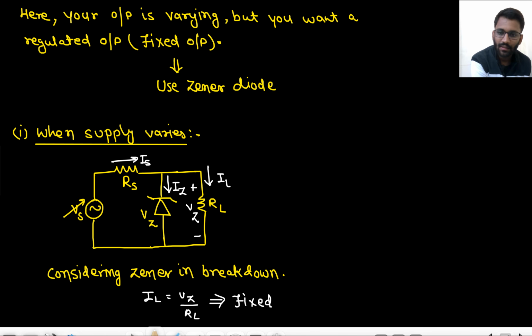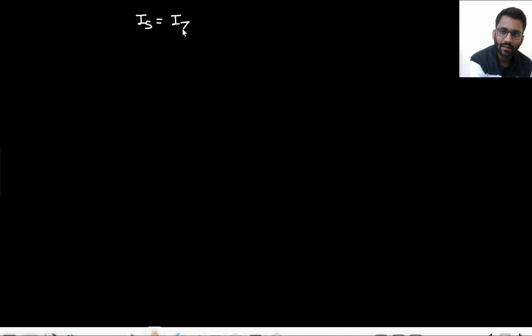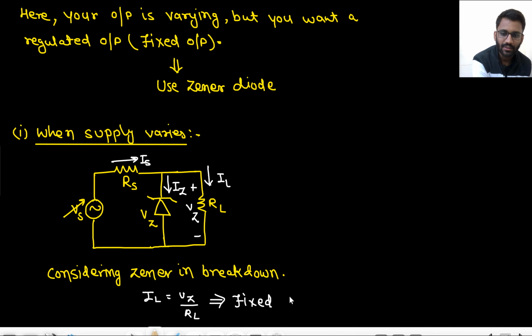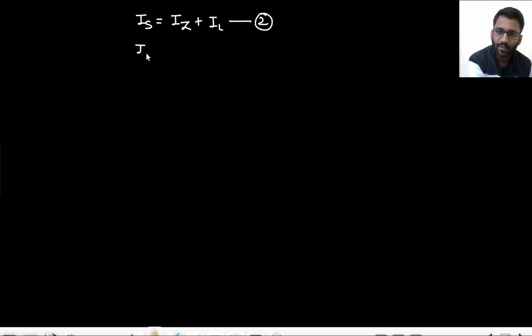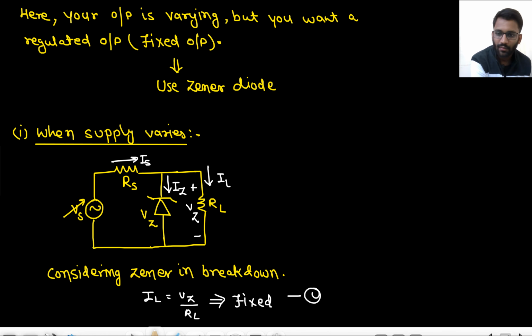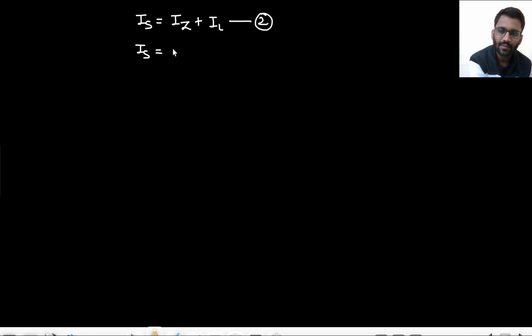Now, what is your IS? IS is IZ plus IL. Look, don't focus much on the equations. This is the second equation I can write, and this is the first equation I can write. And there can be one more expression of IS, that is VS minus VZ by RS.